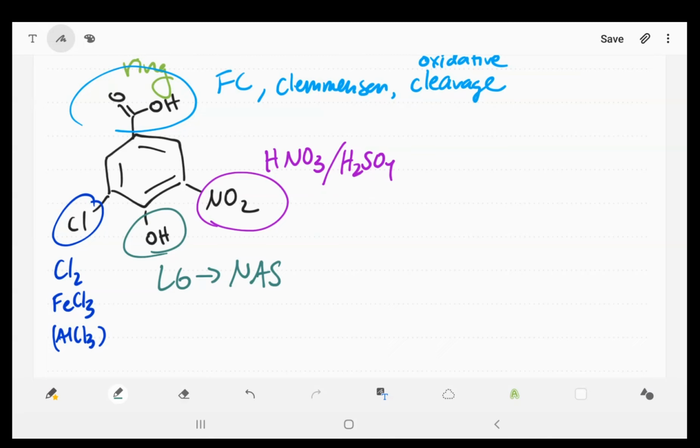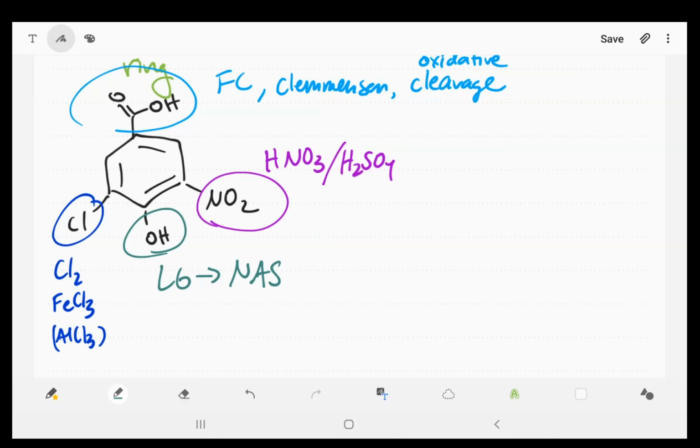And so we could put the NO2 on first. But I would say we should probably put the top part on first. The reason for that is because before that OH is there, that's going to be a bromine or an iodine or something that's a better leaving group than chlorine, right? Although we don't really have to worry because the chlorine is meta to our electron withdrawing groups. So even if it's just a chlorine, we'll be okay, probably, because of the location of where it is.